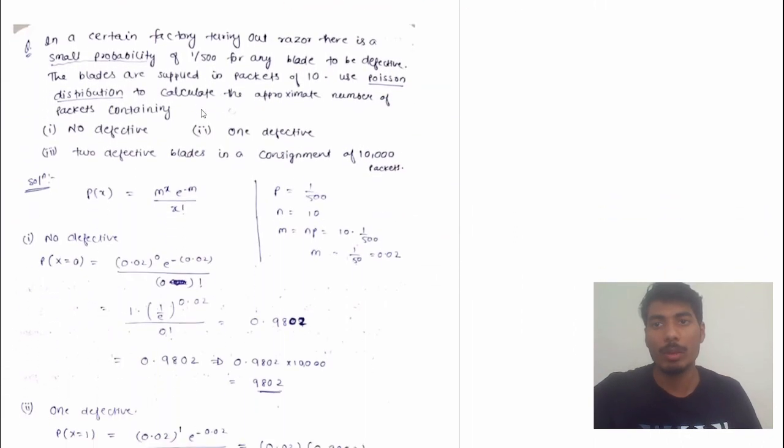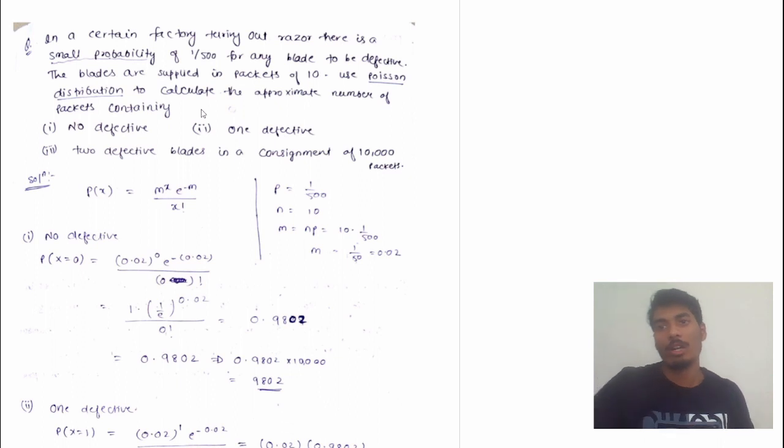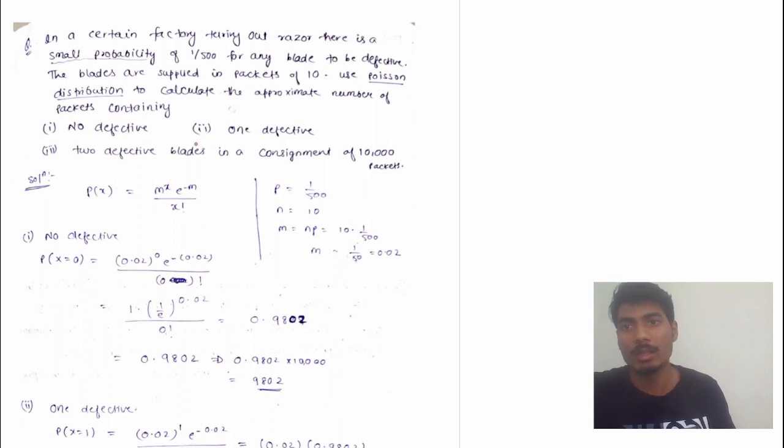Now see the first problem. The first problem says that in a certain factory turning out blades, there is a small probability of 1 by 500 for any blade to be defective.